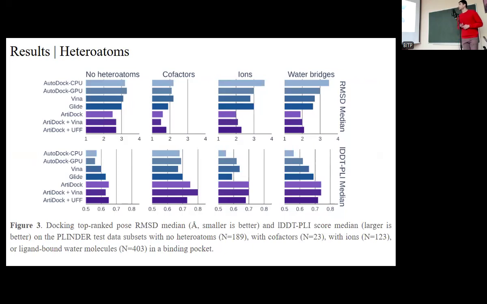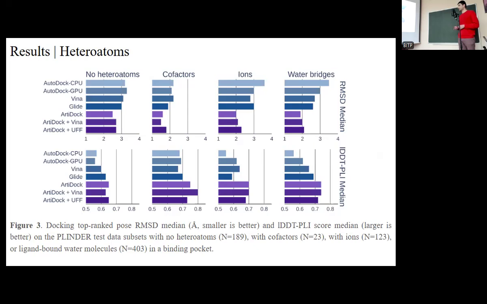And the last evaluation scenario is concentrated on heteroatoms. Heteroatoms are non-protein entities in protein pockets that might be important for protein ligand interactions. They may include such types of molecules as cofactors, ions, and the water molecules that mediate protein ligand interaction.